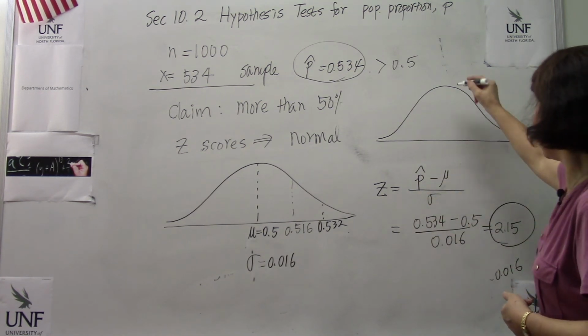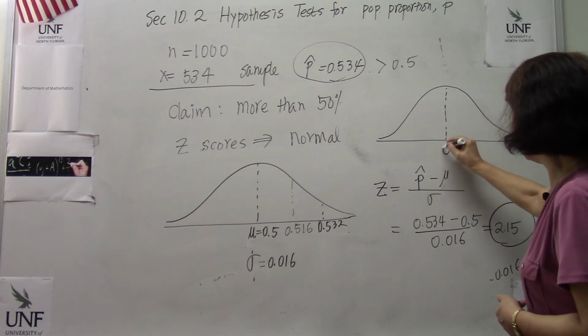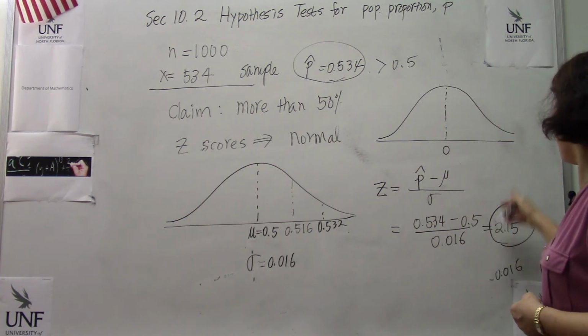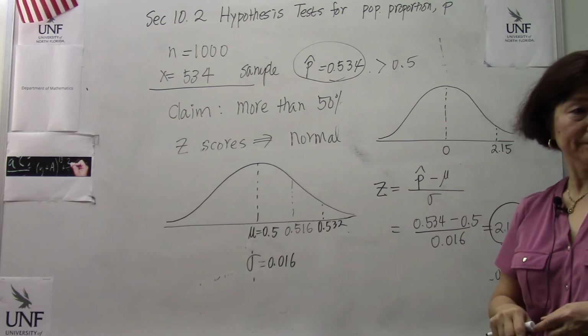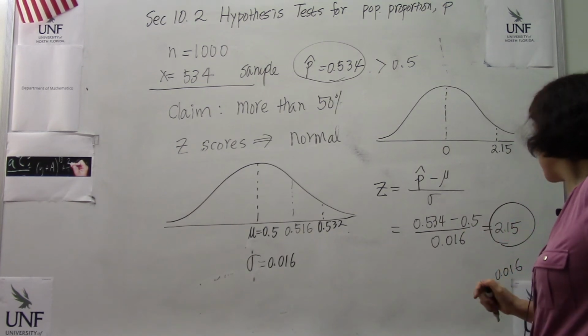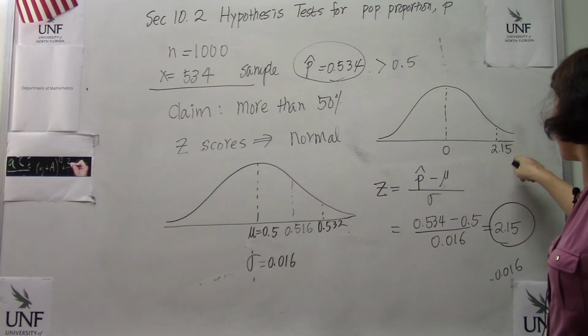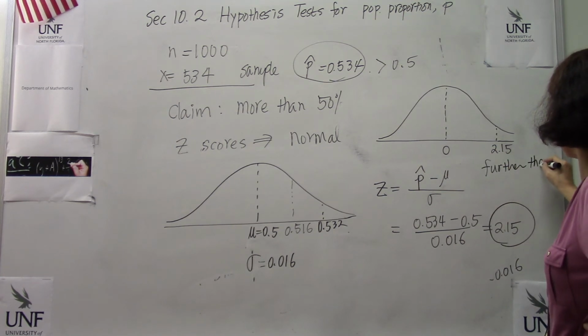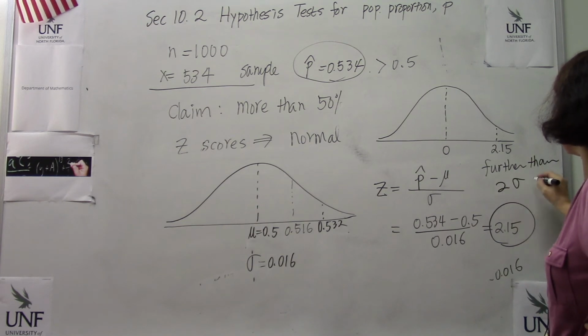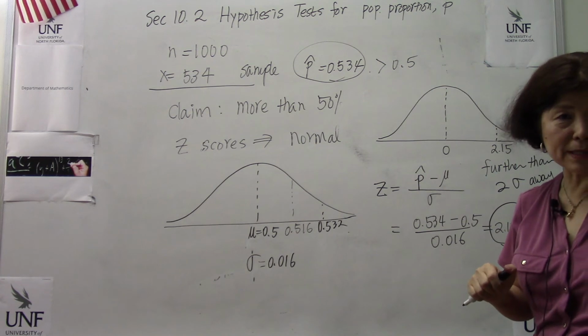So the mean is going to be 0, sigma is going to be 1, and this is 2.15. Okay? So let's look at that. 2.15 is further than 2 sigmas away. Isn't that right? Further than 2 sigmas away.